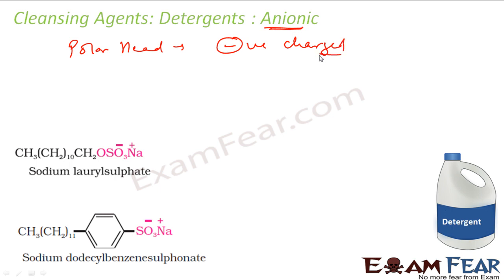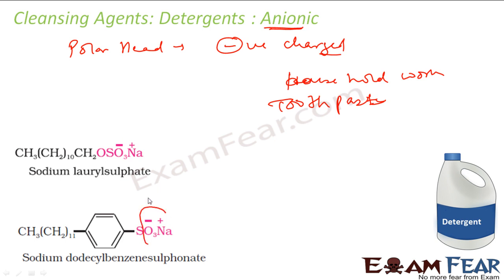They are generally sodium salts of sulfonated long chain alcohols or hydrocarbons, and they are used for household work. Toothpaste is one good example. They are used in toothpaste. For example, here this is negative charge, SO3 minus Na plus.